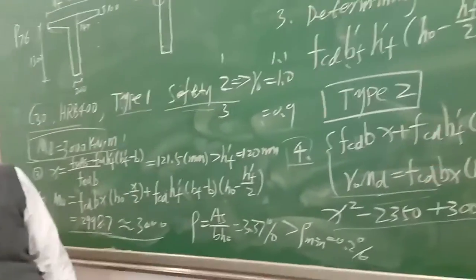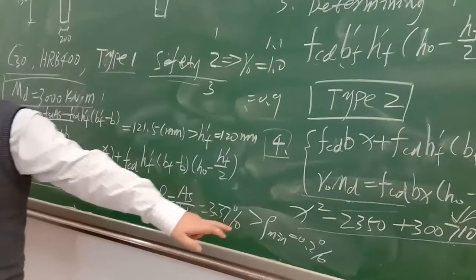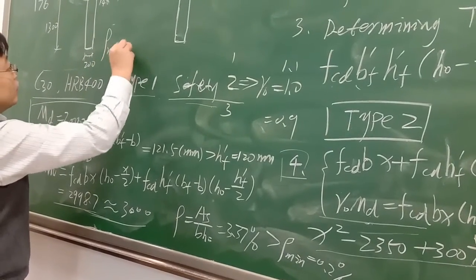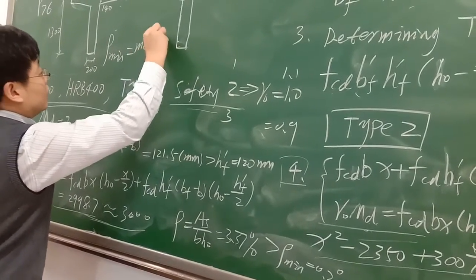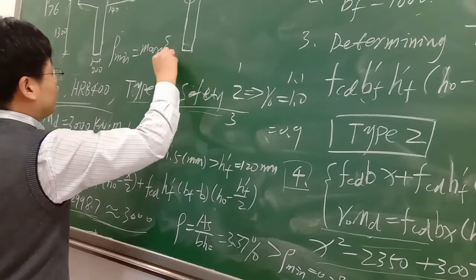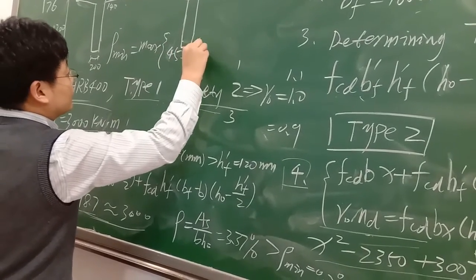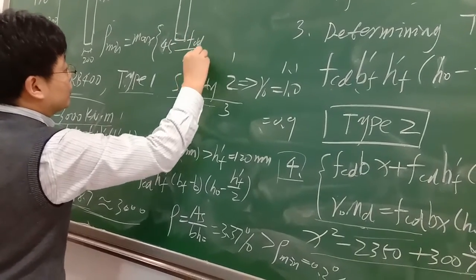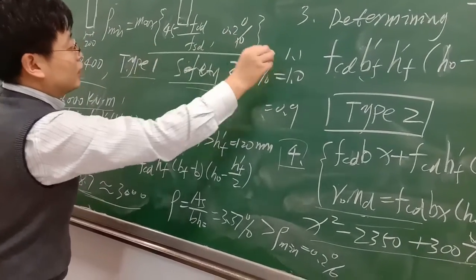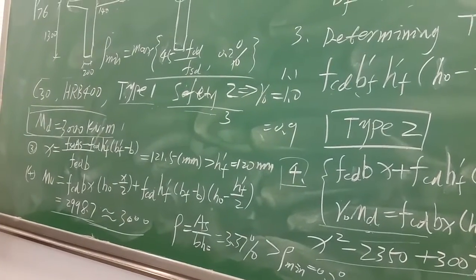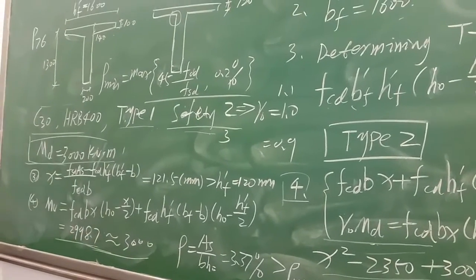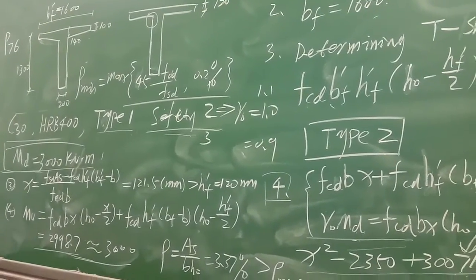Do you remember the minimum value is the max of 0.45 FCD over FSD and 0.2%, the larger value of these. So the final step, we check the reinforcement ratio meets the requirement, then the total calculation is finished.